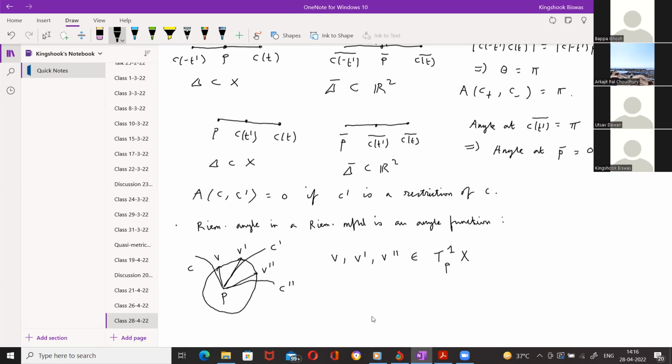And for unit tangent vectors, one way to see the triangle inequality is that these points lie on a sphere, right? And in a sphere, this angle here is proportional to the arc length from V to V prime along the geodesic in the sphere. Is that clear?